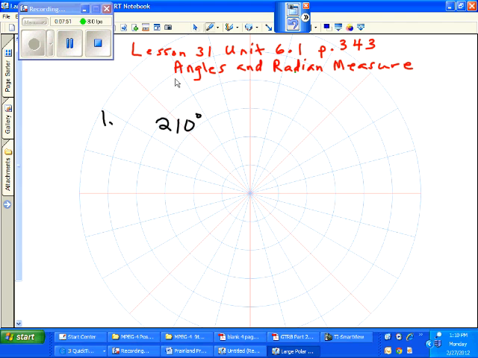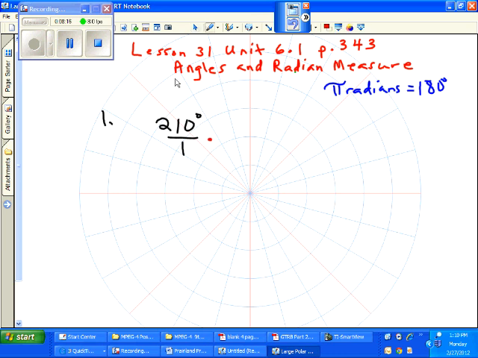Now, the conversion that we're going to use is that pi radians is equal to 180 degrees. Pi radians is 180 degrees. Now, remember our dimensional analysis? We're going to put what we started with over 1.